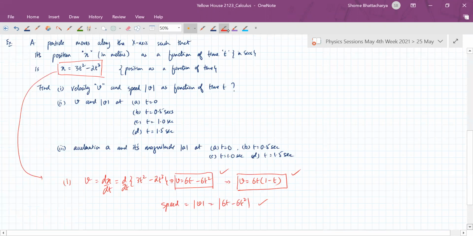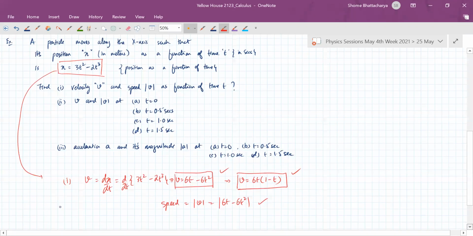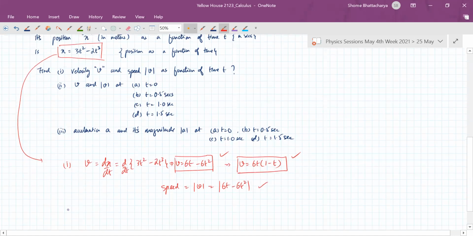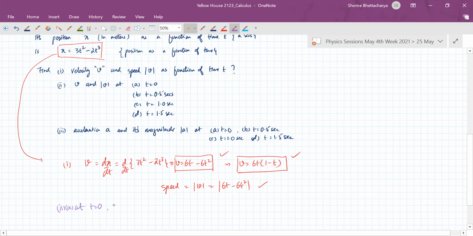So now we can start substituting the values directly. We can see that at t equal to 0 seconds, by formula, the velocity is 0. That means speed is also 0, starting from rest.